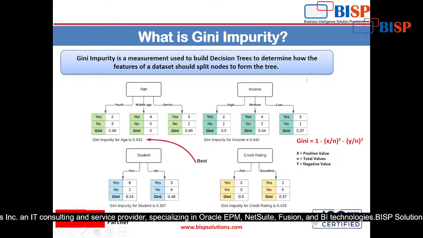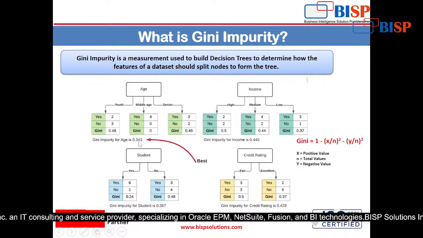Now see here, x is the positive value, n is the total values, and y is the negative value. Now this is the formula which is derived, right? So if you see here, age: youth, middle age, senior, yes 2, no 3. Now what will be the impurity? That impurity is calculated here, right? And based on that, different leaves are created.